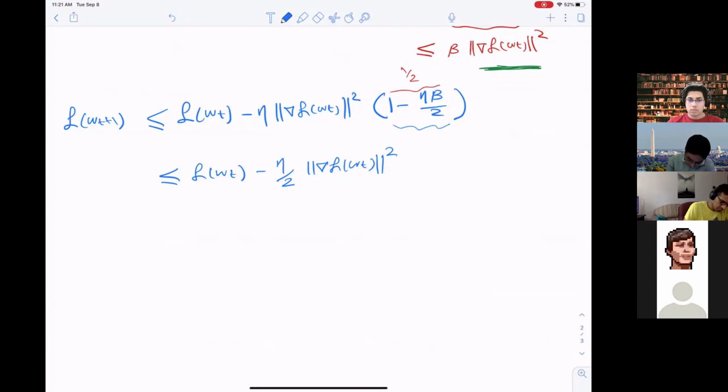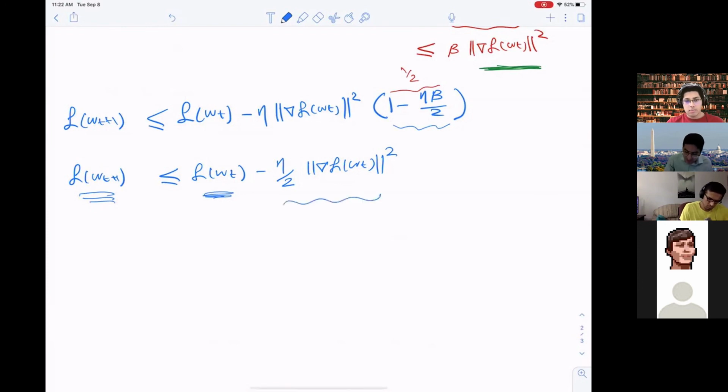So I end up with this inequality. Let's think about it. It says my loss at WT plus 1, the parameters when I update using gradient descent, is less or equal to my loss at the previous time. That's good.